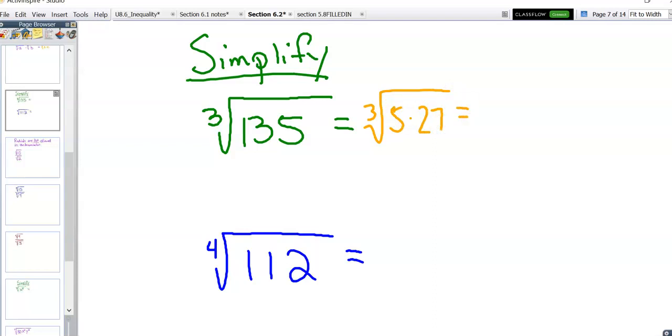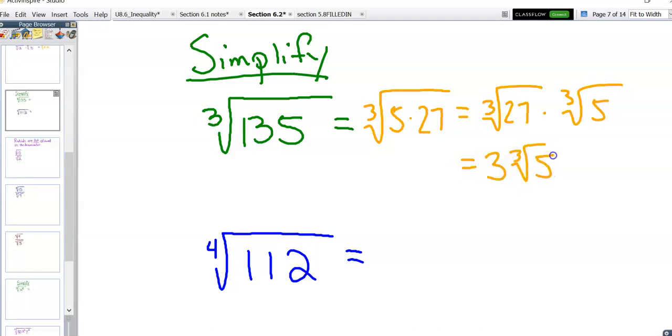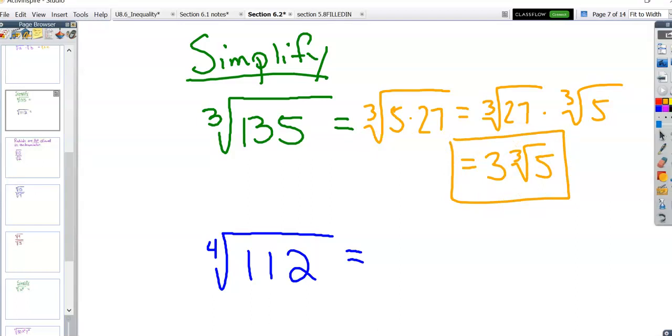I'm going to move the perfect cube to the front because I can write this in whatever order I want. And that simplifies to become 3 cube root 5.